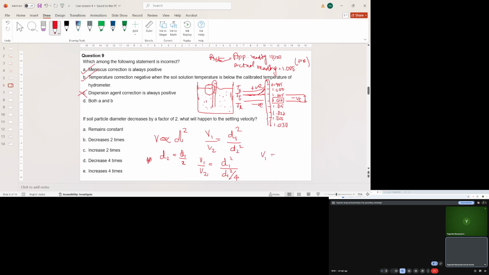V1 is going to be 4 times of V2. Alright. So that means V1 is more, V2 is less. So V2 is equal to V1 by 4. It's going to decrease 4 times. Alright. So the option D is right.